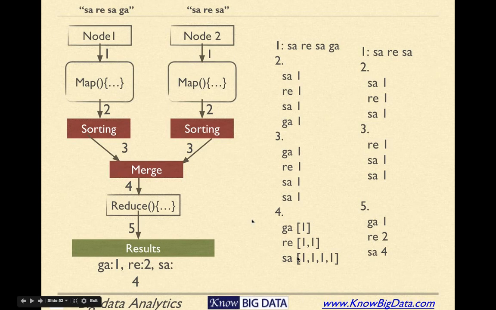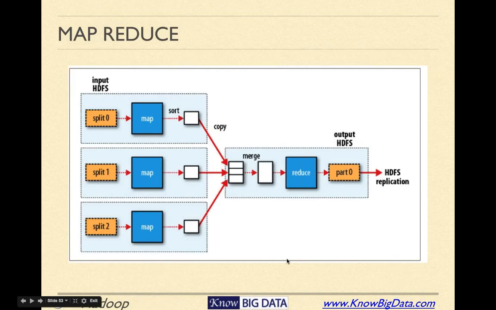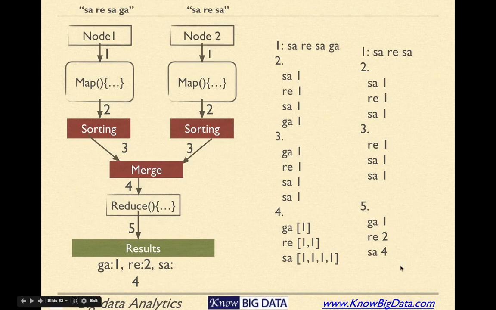Okay, after merging, the grouping will happen, and we'll have our results in the form of the key and value again. And these results are found by passing our key and the value through the reducer.